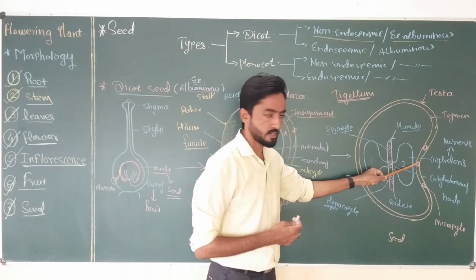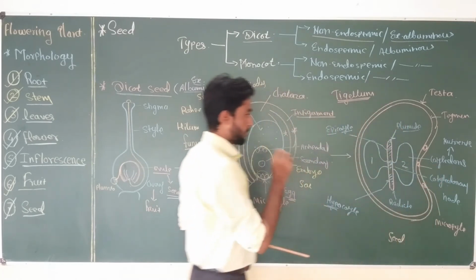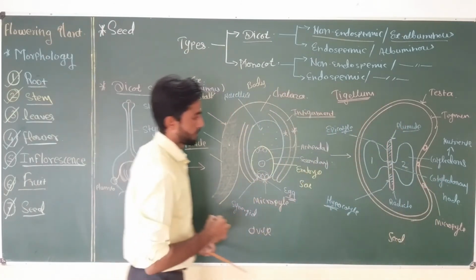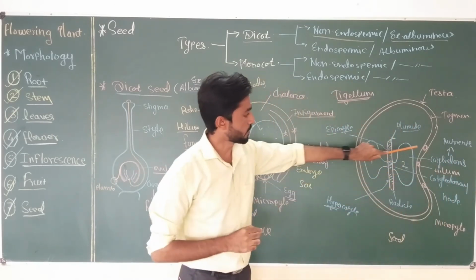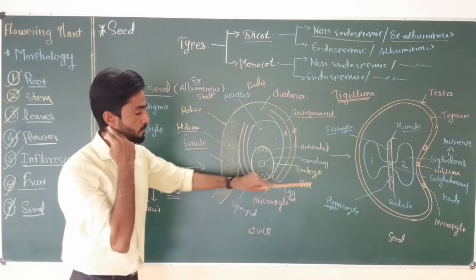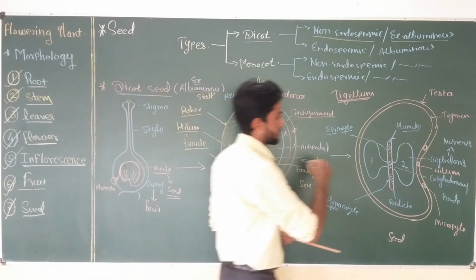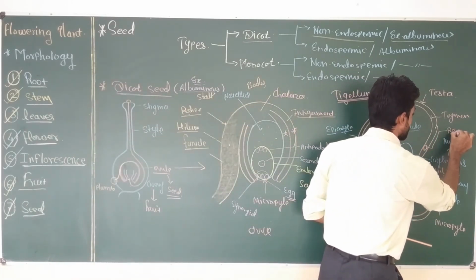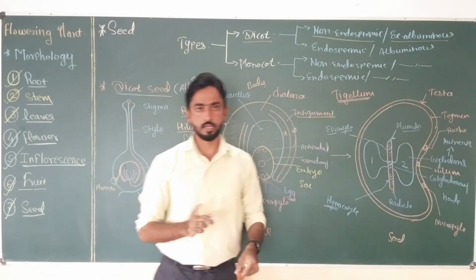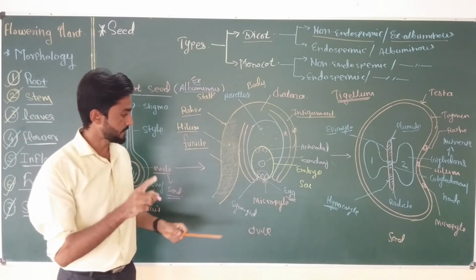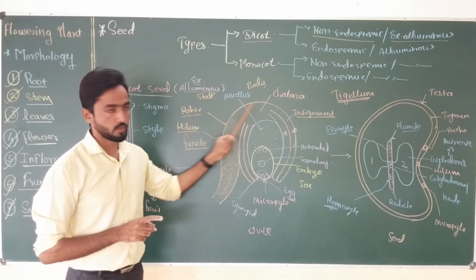Then the middle scar present on the seed is the hilum. Okay, so it is hilum. And the last scar, present at the topmost position on the concave side, is the raphe. Okay, so the 3 points on the concave side sequentially represent micropyle, hilum, and raphe of the ovule.